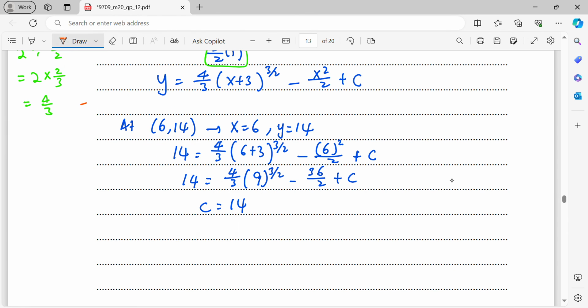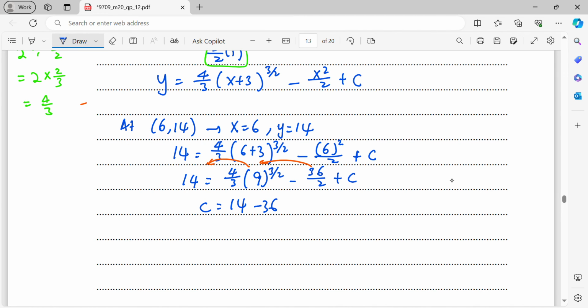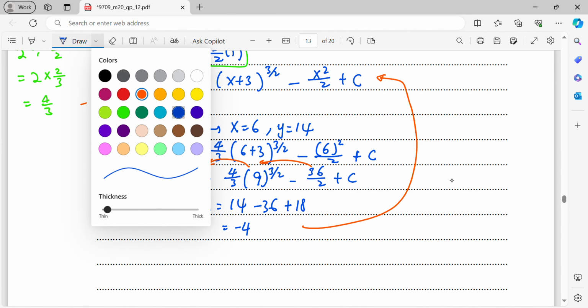When you move these two terms to the other side, the first term is basically minus 36, and 36 divided by 2 is 18. Since this is minus, when you move it to the other side it becomes plus 18. Then from here, my c is minus 4. Once you have found the c, you just substitute it back into your y, and that is the equation of the curve.